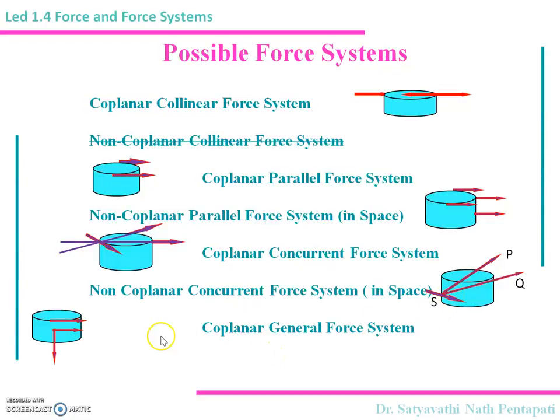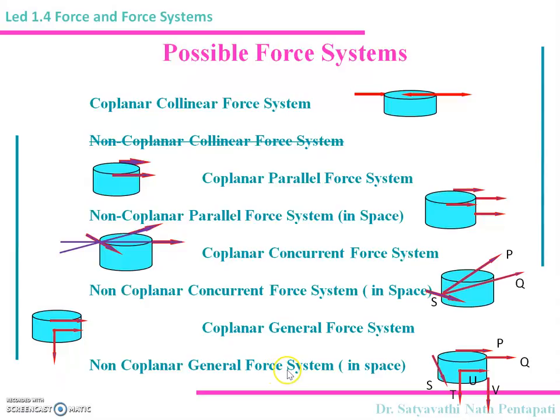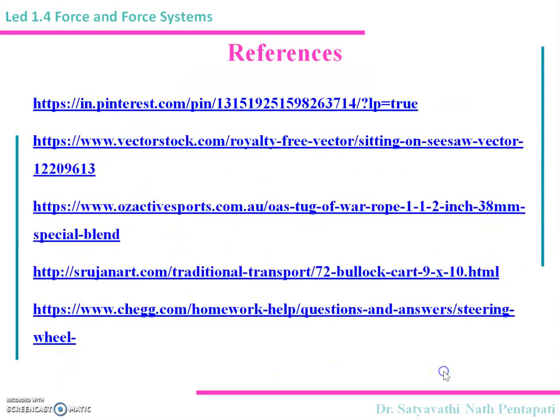A coplanar general force system is also possible. In a coplanar concurrent force system, forces must meet at one point. In a coplanar general force system, forces will not meet at one point. A non-coplanar general force system is like this.